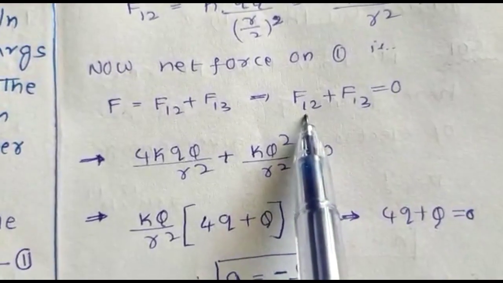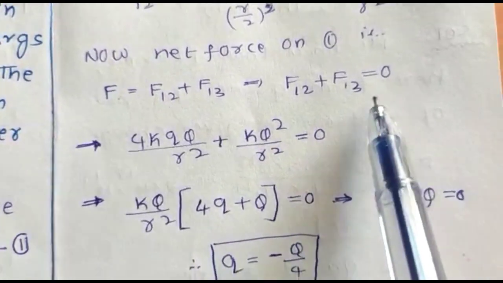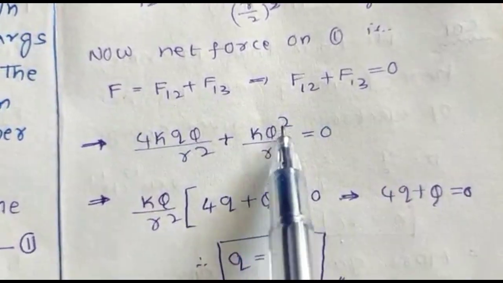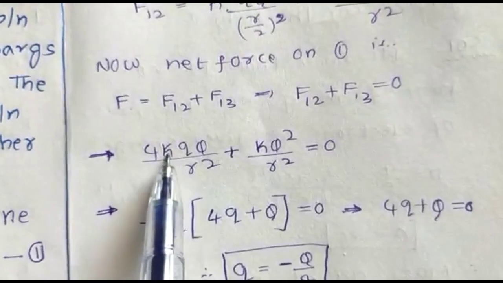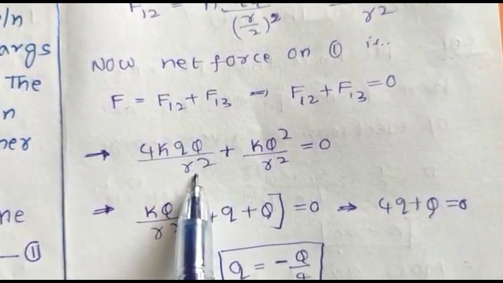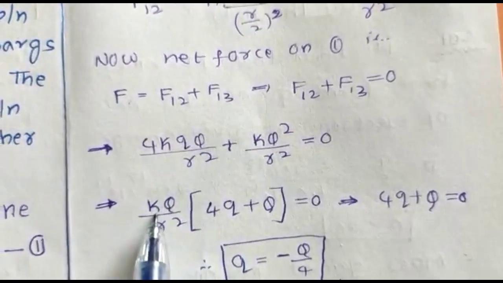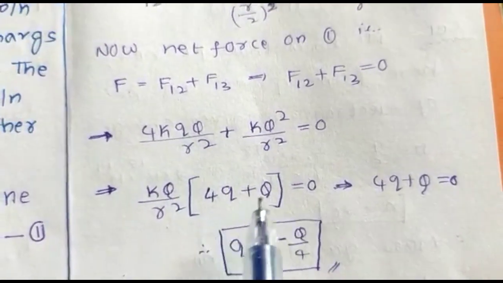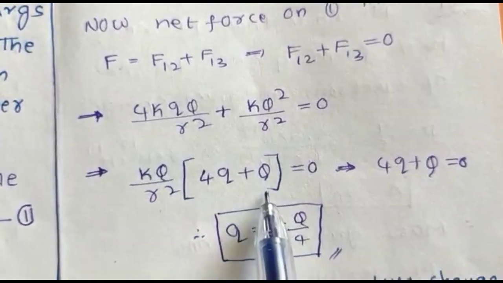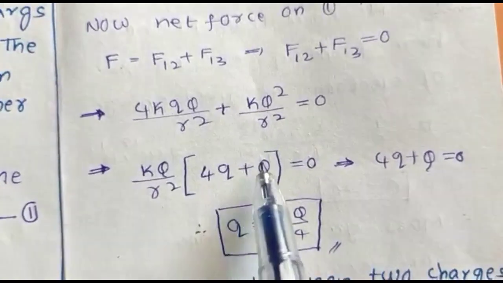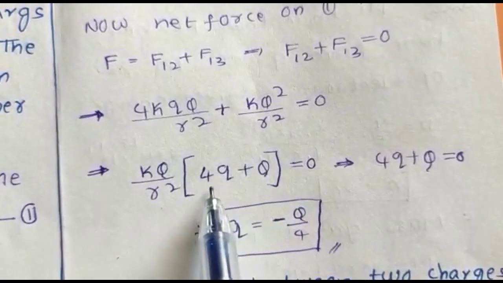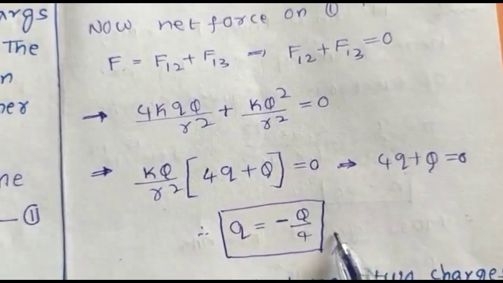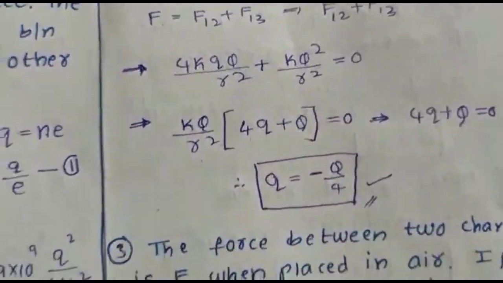You substitute the values of F12 and F13, and K Q by R square is common in both terms. Take out the common K Q by R square: in the first term the remaining is 4q, and in the second term the remaining is capital Q. The product of them is equal to 0, so 4q plus Q is equal to 0. From this you can solve that q is equal to minus Q by 4. Means what?